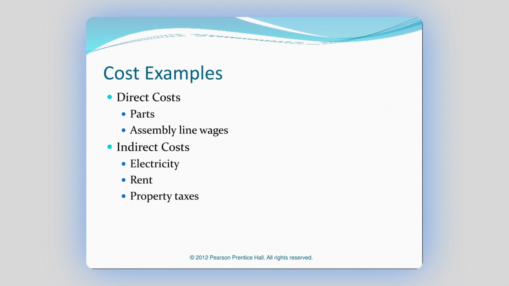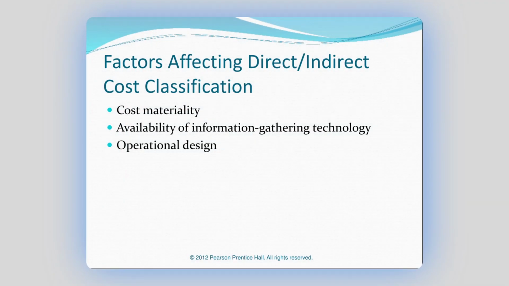Yan, okay? So, factors that will affect also direct and indirect classifications. Of course, yung ating materiality, diba? So, very important to know, particularly for this, yung ating materiality rule, okay? Or availability also of information gathering, or technology, or your operational design.